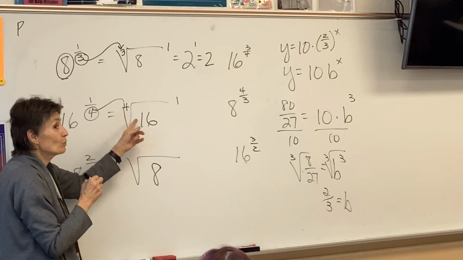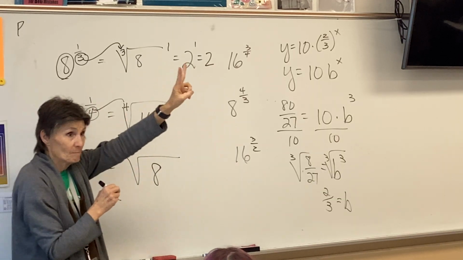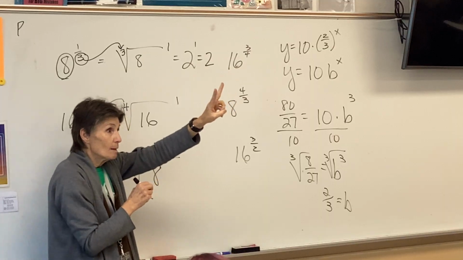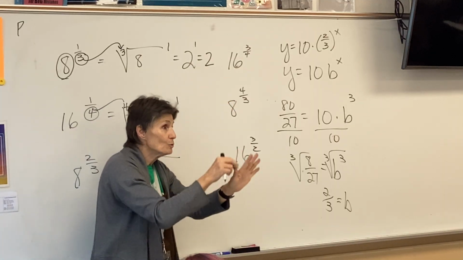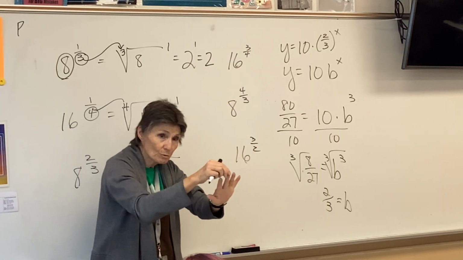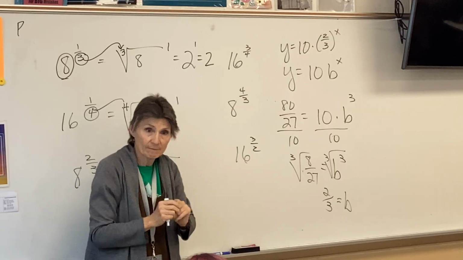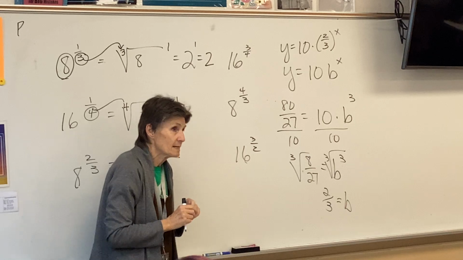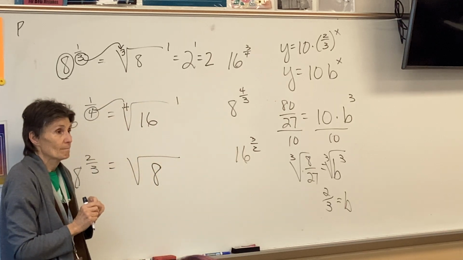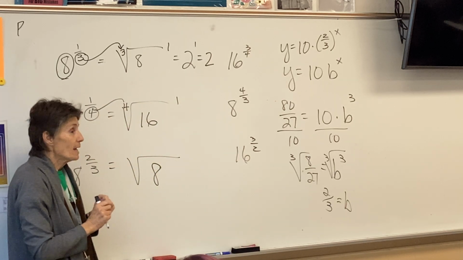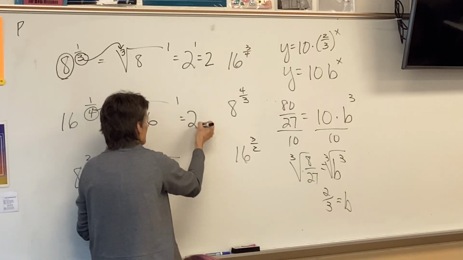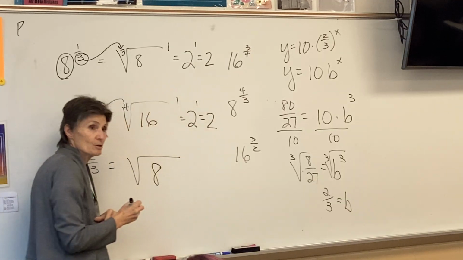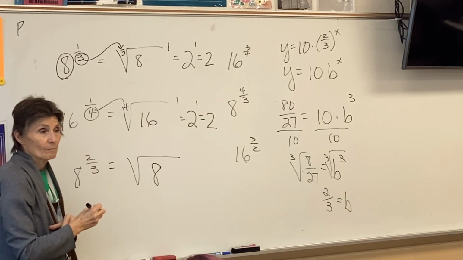So the 4th root of 16 is 2, because 2 times 2 times 2 times 2 is 16. So we need to know the 4th root of 16 is 2. And then we're raising it to the first power, so the answer is again just 2.